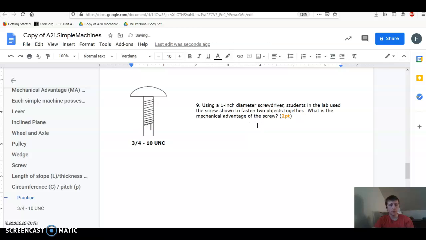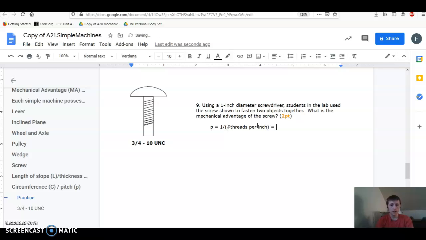So how do we calculate the pitch? Well, remember, pitch is really tricky. To calculate the pitch, you need to do 1 divided by the number of threads per inch, or whatever other thing you are using to measure. If it was centimeters or meters, you would use those instead. In this case, we're using inches for everything.